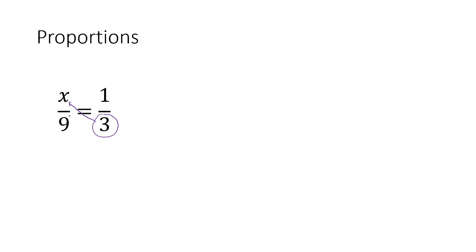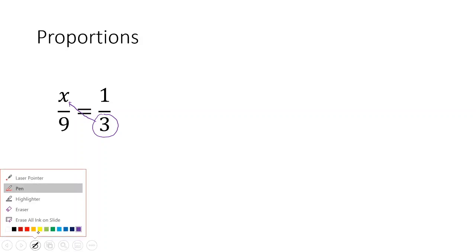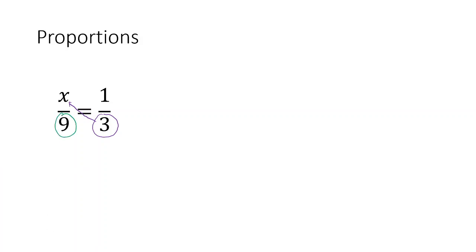At the same time, we're going to take the 9 and cross multiply it to the other side of the equation. So when we do that, we'll get 3 times x equals 9 times 1. Or we could just say 3x equals 9. So x would equal 3. All right, let's keep moving forward.